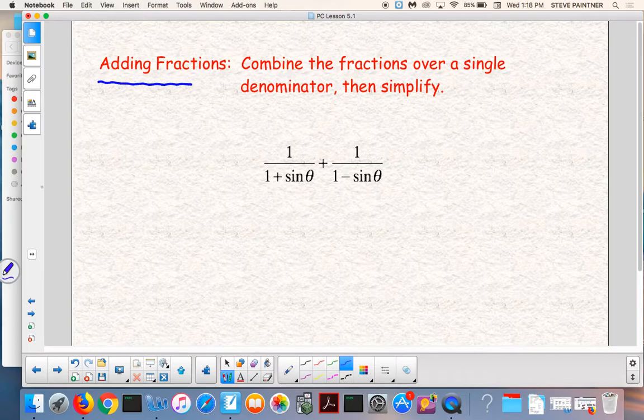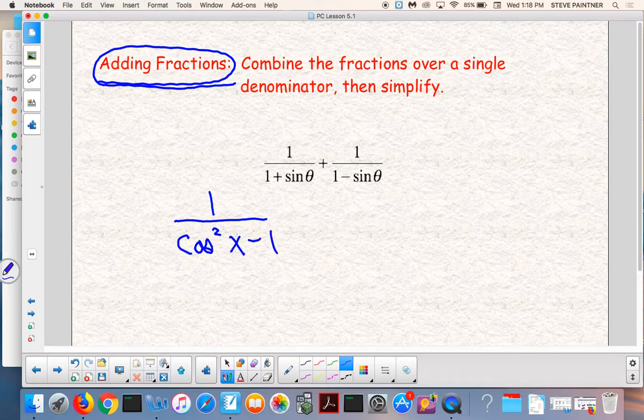Oh, guess what? In our lesson, we will have to add fractions. Okay, so this says 1 over 1 plus sine plus 1 over 1 minus sine. Combine the fractions over a single denominator, then simplify. I do not believe that we have that problem. Oh, you do? We have 1 over cosine squared x minus 1.